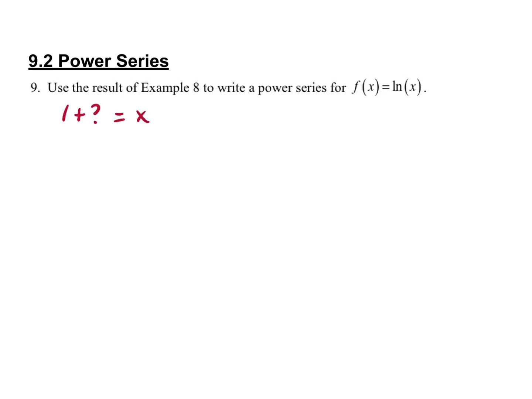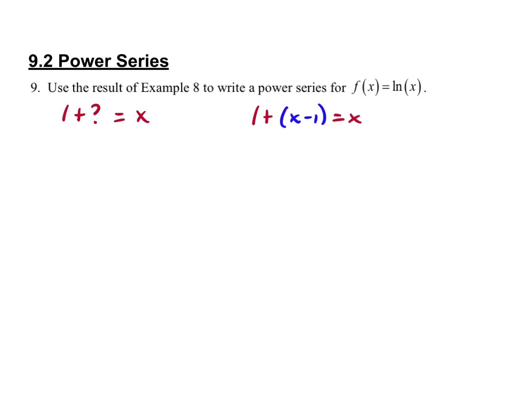So we have to figure out what I can add to that 1, that substitution like we did originally, to make it just equal x. And that little algebraic manipulation is just plugging x minus 1 in, right? Because 1 plus x minus 1 is x.